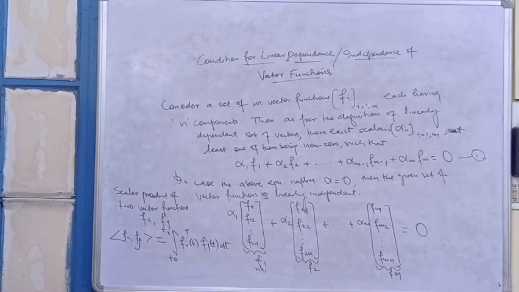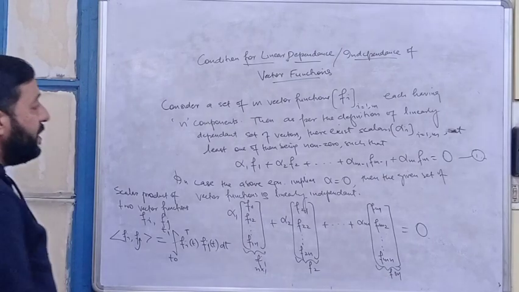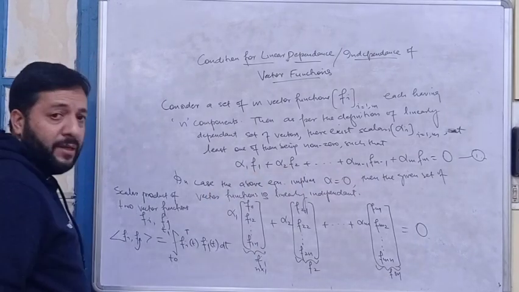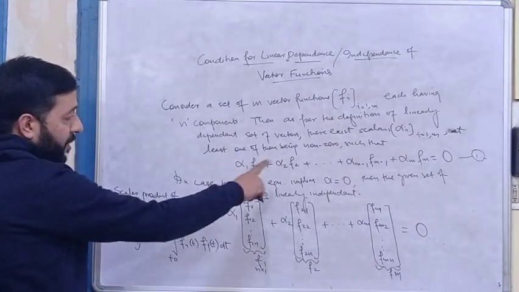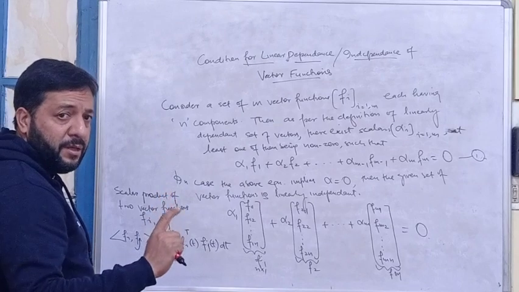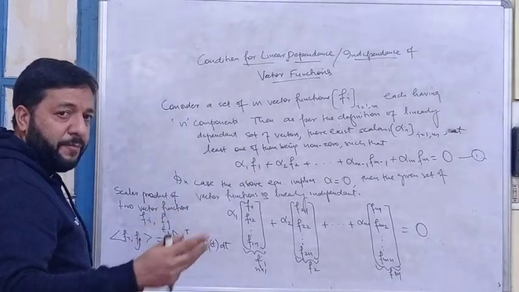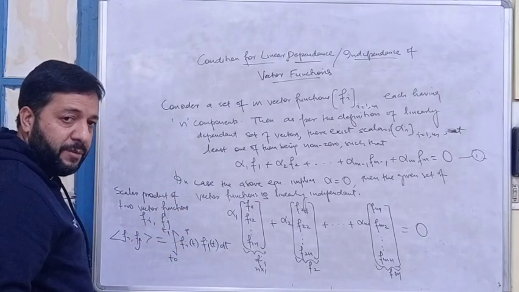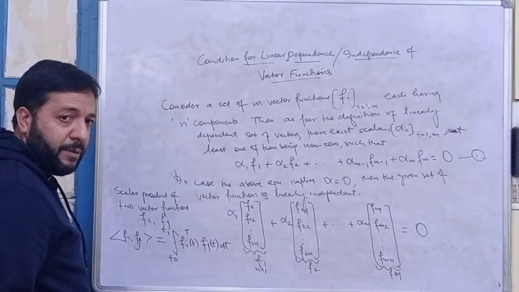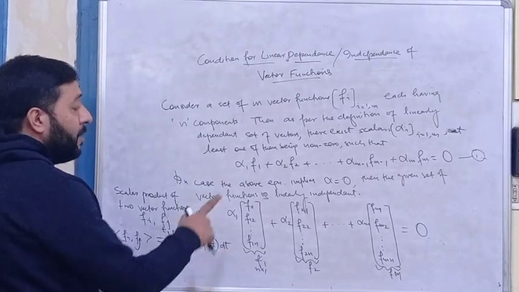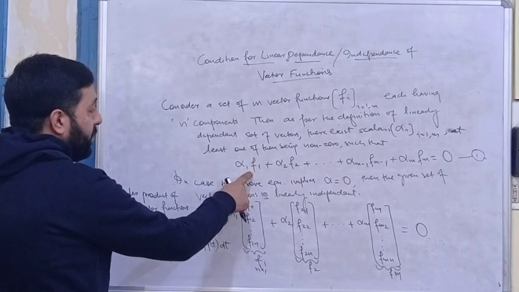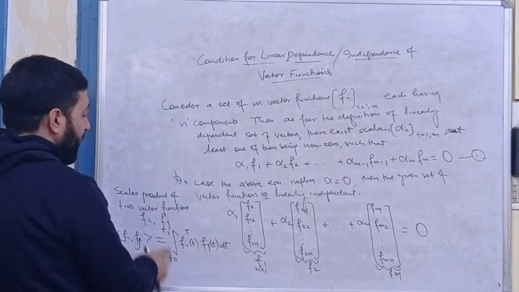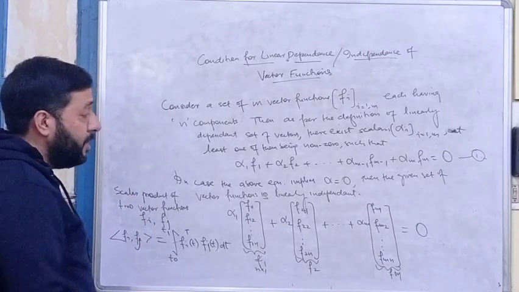So what I do is, I'll pre-multiply this equation 1 on both sides by f1 transpose, as I did in the previous case. And I'll go on doing it, the second time with f2 transpose, the third time with f3 transpose, up to fm transpose. First I pre-multiply on both sides by f1 transpose, then I will integrate it from t0 to t1.